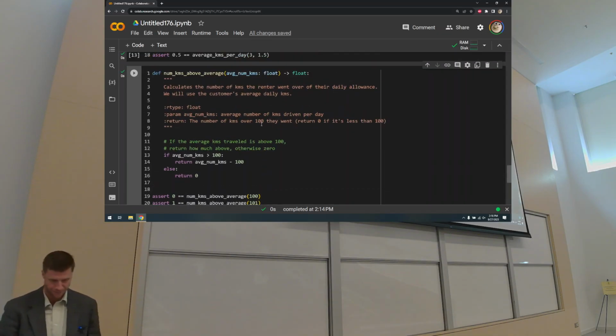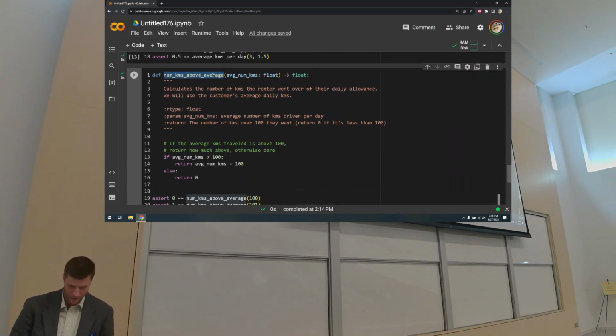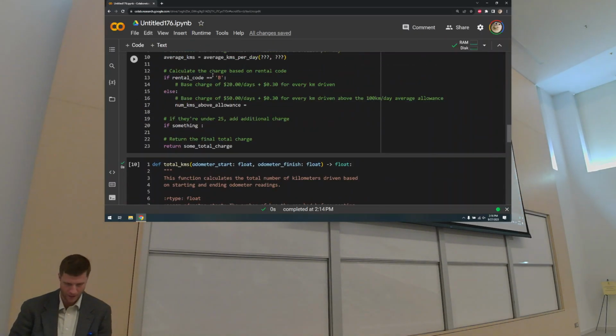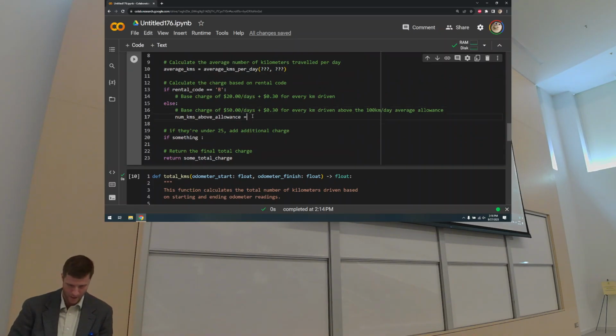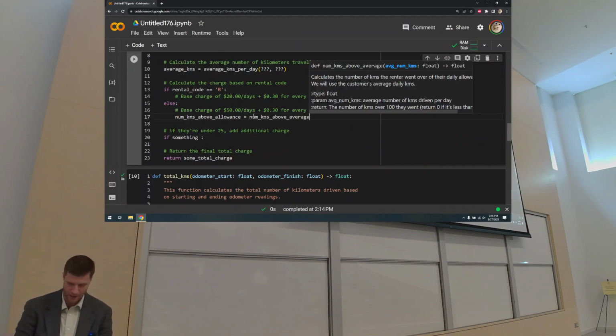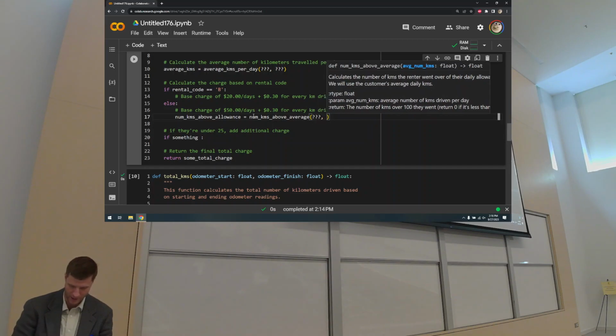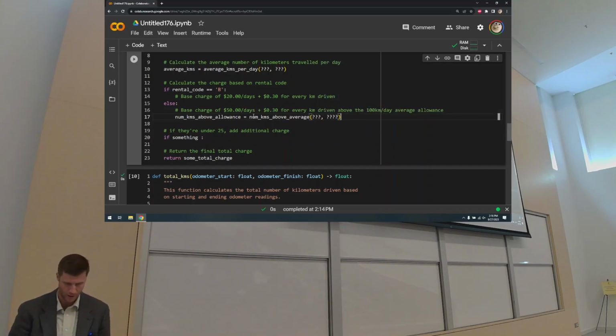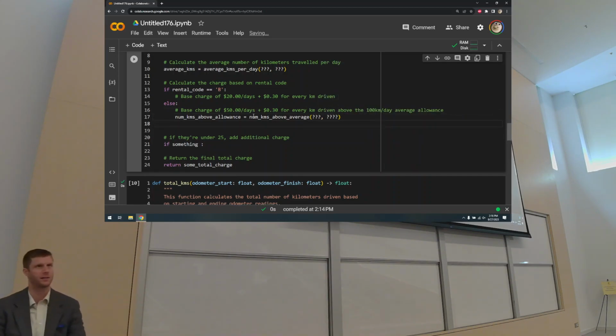But look, I now have this. I can go back up here, and I can calculate, with whatever arguments needed, the number of kilometers above the allowance.